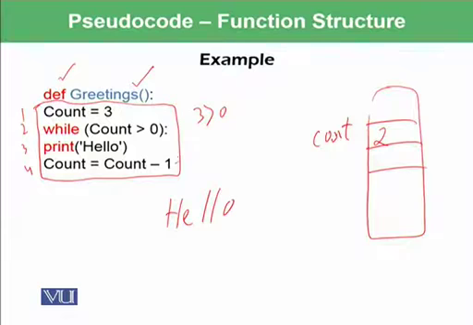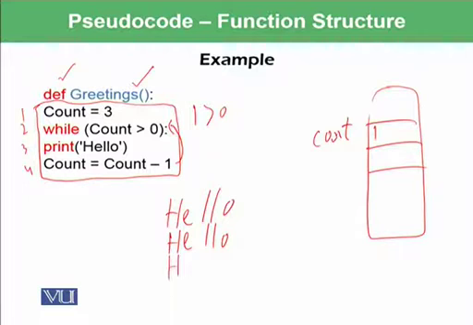Then it goes back to the while structure, and 2 is greater than 0. Yes, print hello. It is again printing hello. Then count becomes 1. Then it goes back, while count is greater than 0. 1 is greater than 0. Yes, this condition is again true.